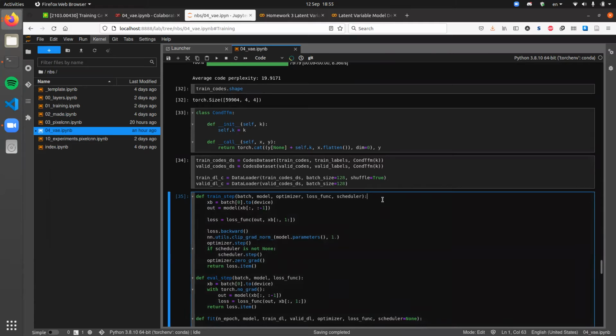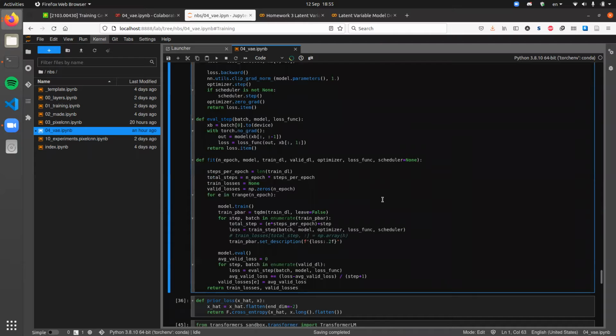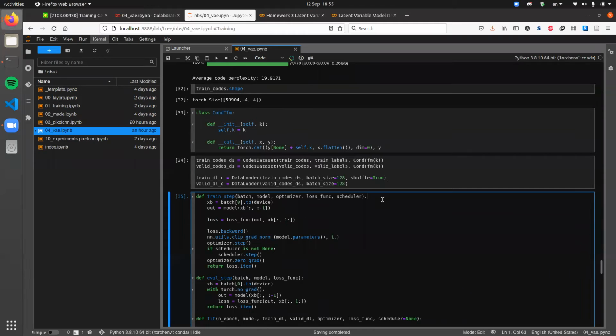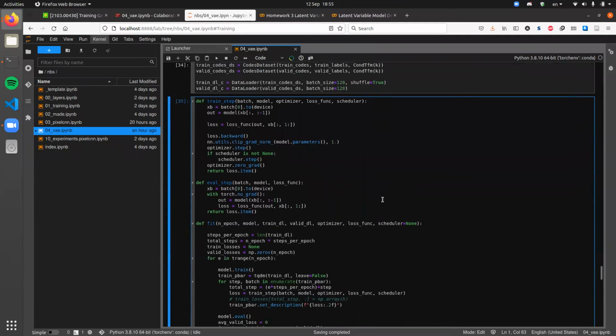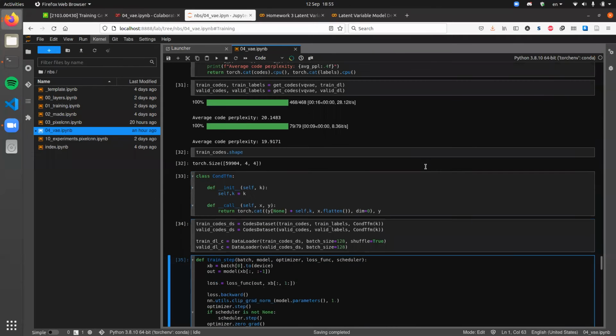As you remember, we modeled MNIST pixel-wise using both PixelCNN and transformer in homework one, or in Colab one. I just used the transformer because it was more convenient for me. But you could also use MADE. So you can use whatever autoregressive model to model the latent distribution using this dataset.